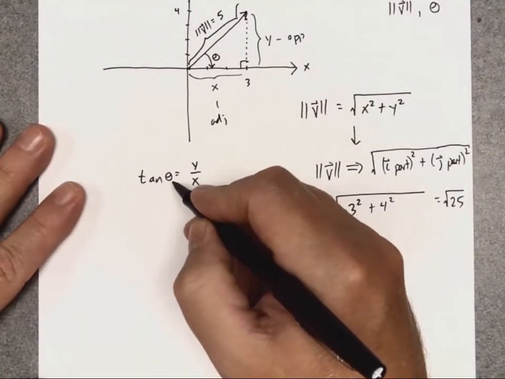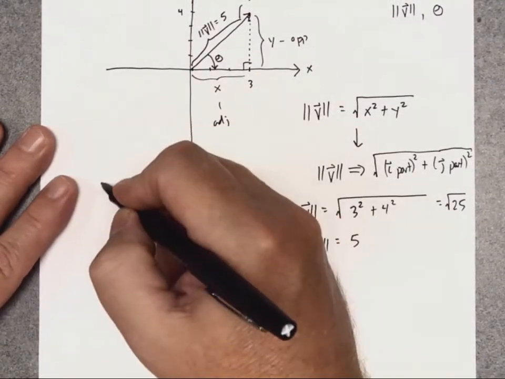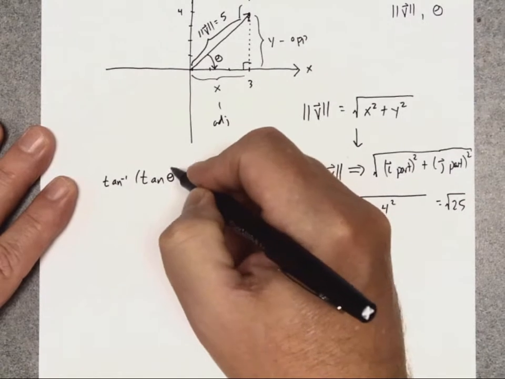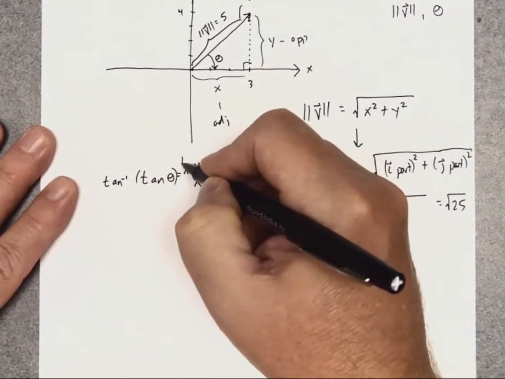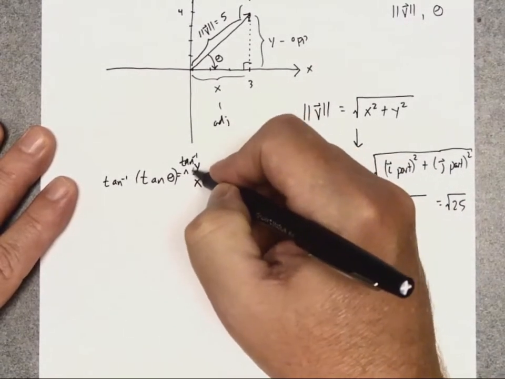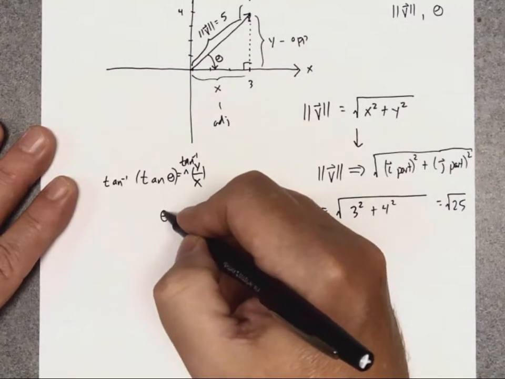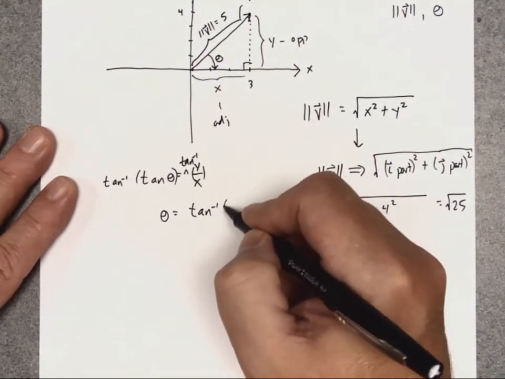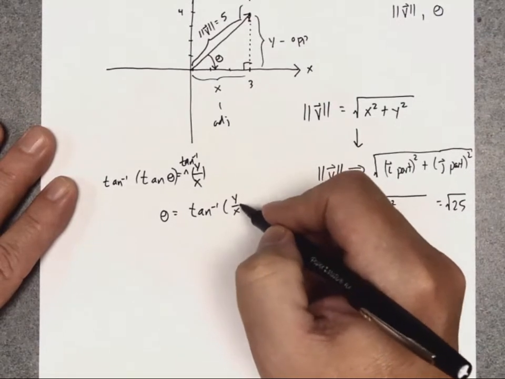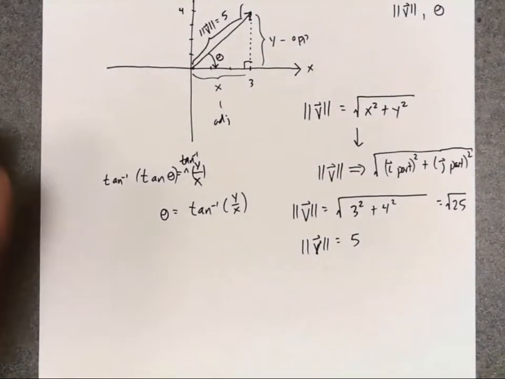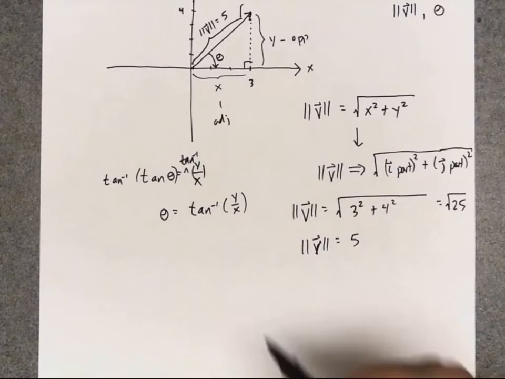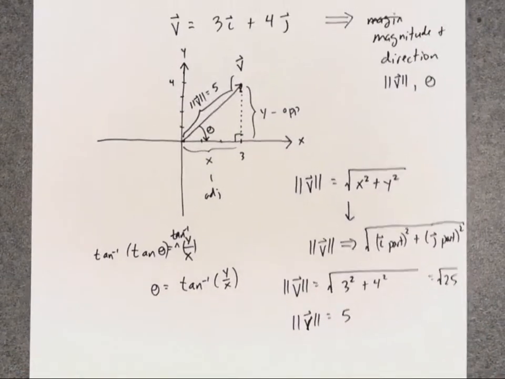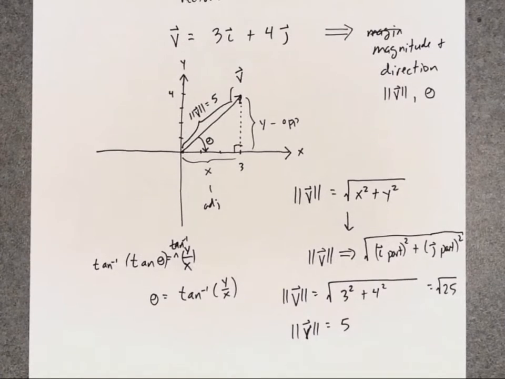Now, if we want to actually solve for theta, if we go back to what we studied a little bit ago, if we take the inverse tangent of both sides, you end up with theta would be the inverse tangent of y over x. So this is a little formula we can use if we're ever given a vector in ij.